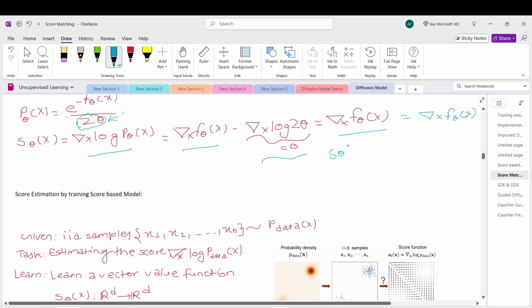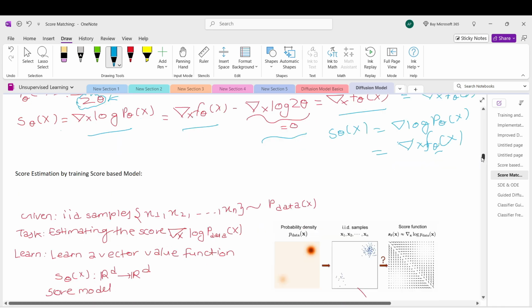We are not approximating p theta of x, but we are approximating log p theta of x, and we found that this quantity is equal to the gradient of f theta of x. This is just a neural network function, so we can easily compute it.